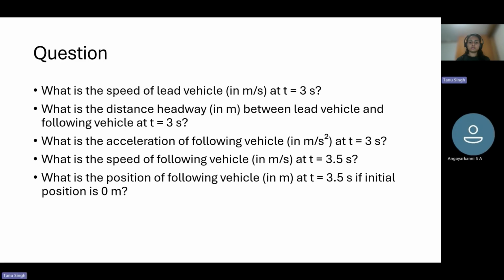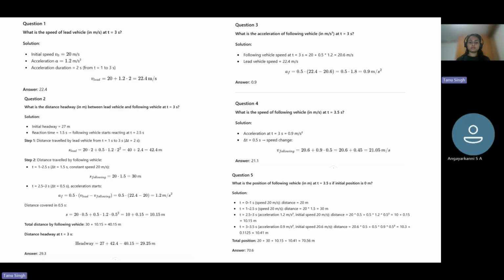Okay, let's discuss the solution for the first and second question. Question 1 was to find the speed of the lead vehicle at t equals 3 seconds. The initial speed given was 20 meters per second.